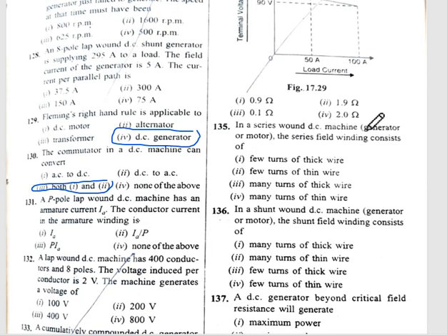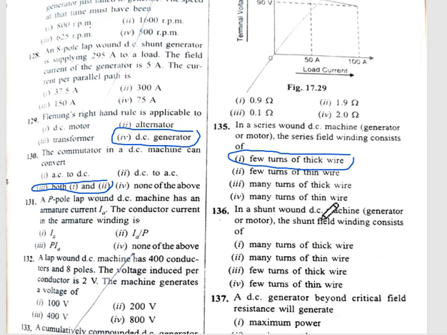In a series wound DC machine, generator or motor, the series field winding consists of few turns of thick wire.